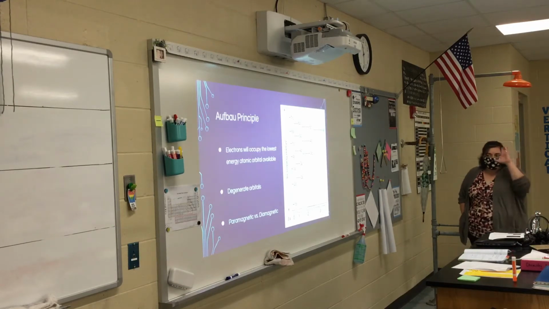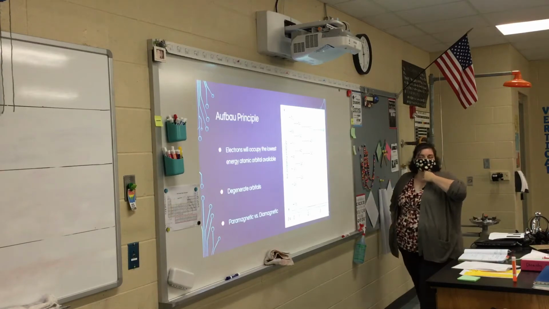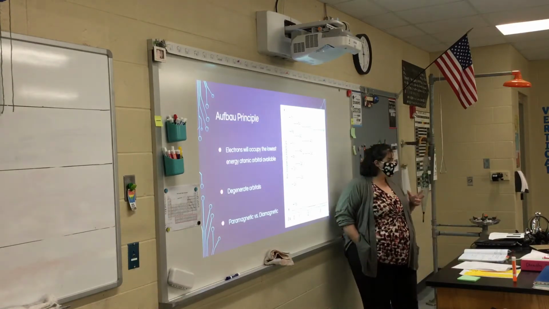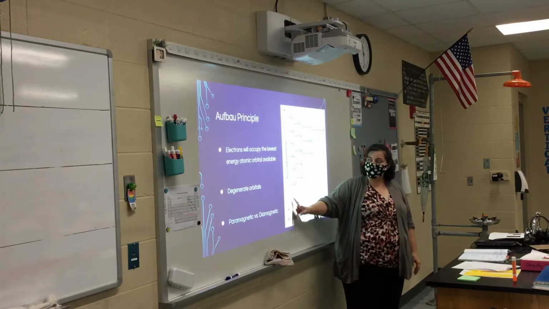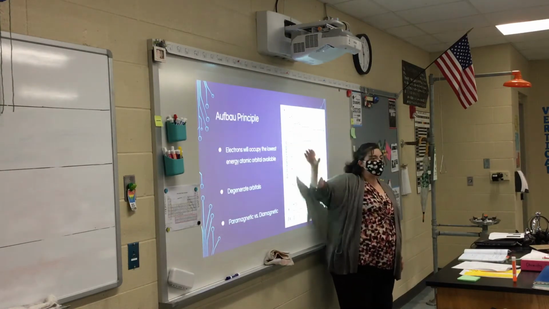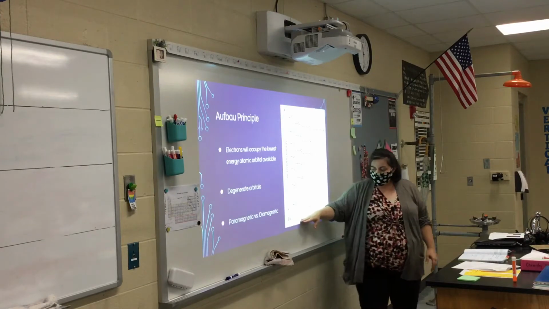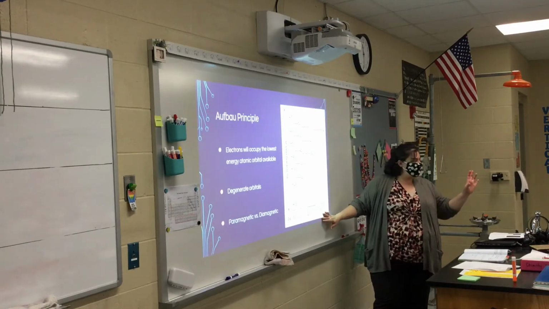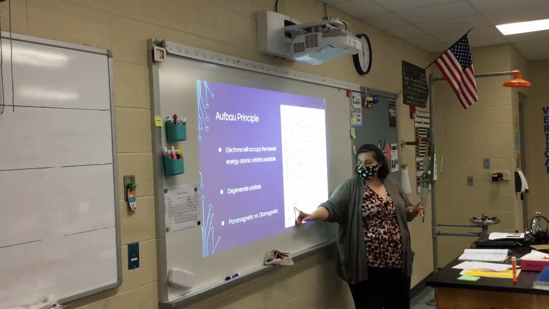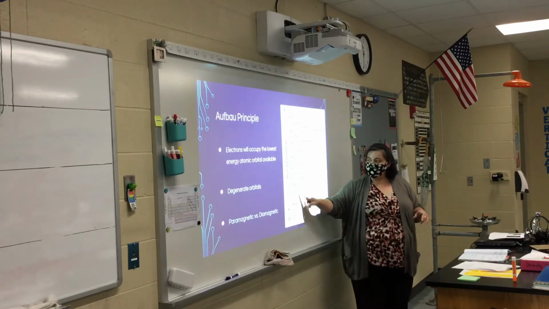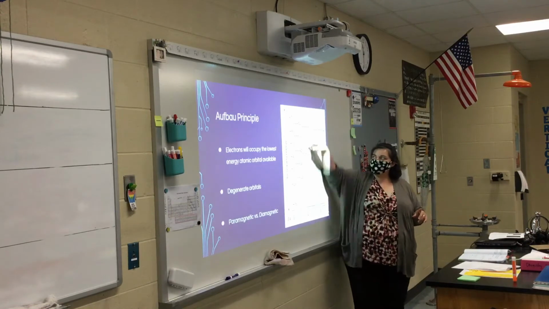And I'm going to talk about this diagram right now because this is an energy diagram. And you can see we have increasing energy as we go up. So along the bottom are L values. That's just going to tell us the orbital set, S, P, D, and F. So here are our S orbitals. Here are our P orbitals. Here are our D orbitals.